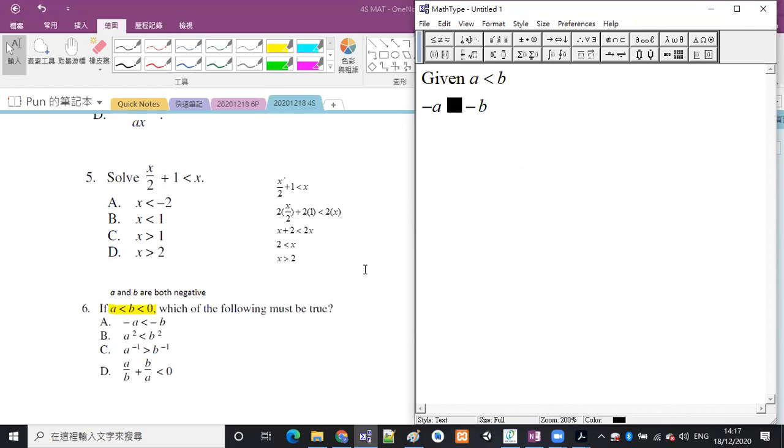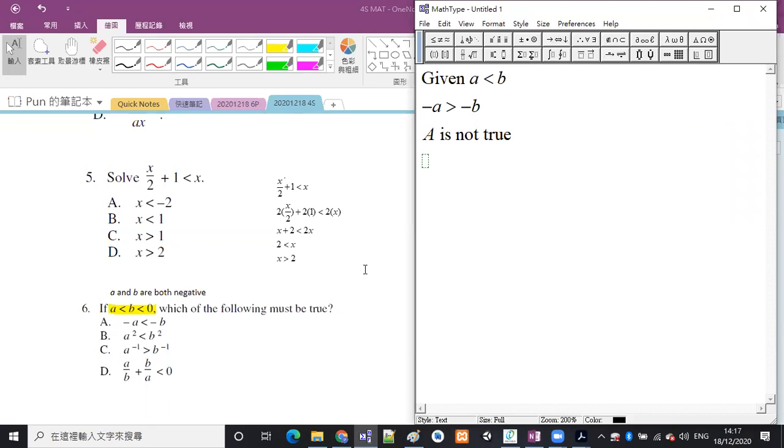We just multiply a negative sign to this inequality. But when a negative number is multiplied to an inequality, the inequality sign should be reversed. So it should be larger than. Can you get this? So option A is not correct. Okay, so A is not true.